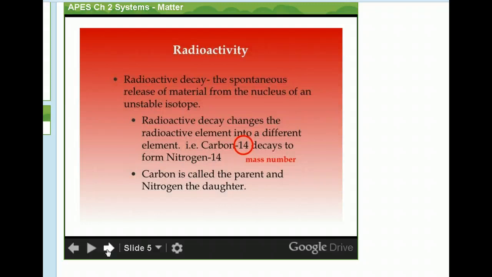Very important in environmental work is looking at radioactive isotopes and how they decay, because right now you guys are breathing in different carbon isotopes, and we know the ratio that's occurring right now in the air and the food that we're taking in.